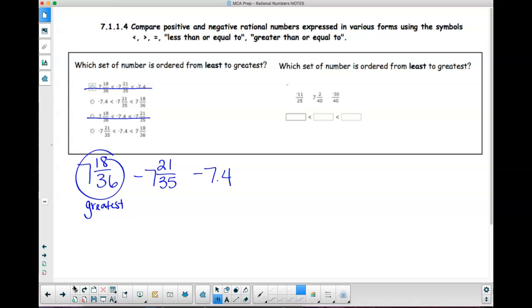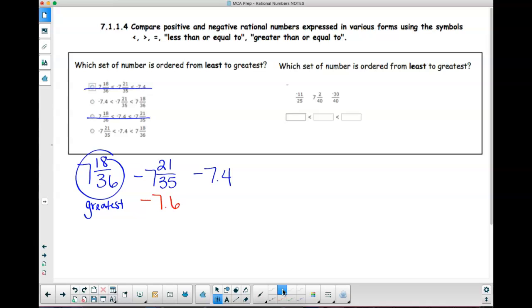Then we need to pick out between these two numbers, which one's the smallest. And I think it's helpful to write them as decimals. It's going to be much easier as a decimal. So I'm going to do 21 divided by 35. So this is -7.6.